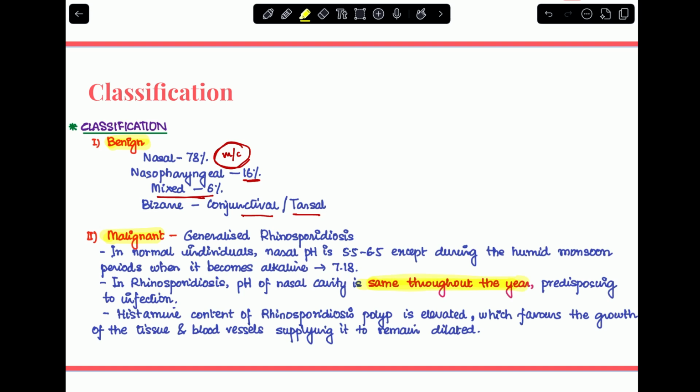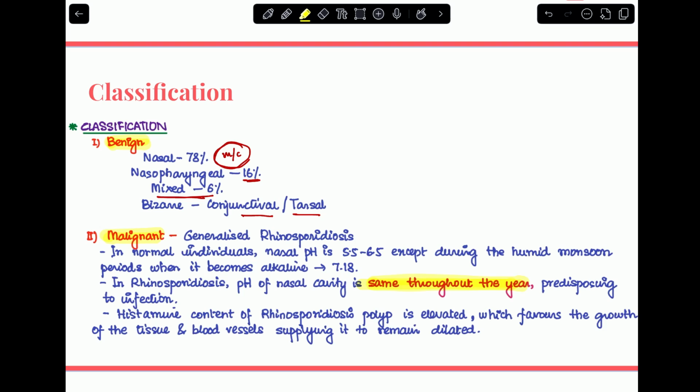Because in normal people, the nasal pH is usually 5.5 to 6.5, except during the humid monsoons when it becomes a little alkaline around 7.1. In rhinosporidiosis, the pH remains same throughout the year, hence it predisposes to infection. And the histamine content of rhinosporidiosis is elevated, which favors the growth of the tissue and blood vessels, supplying it to remain more dilated.